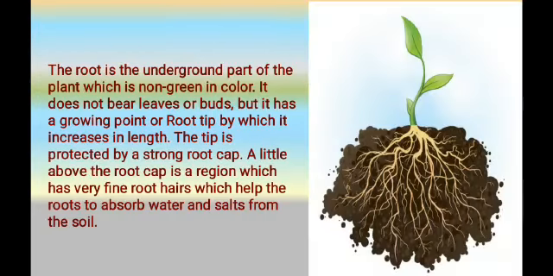Now here we can see the root. As I told you, the root is also included in the vegetative part of the flowering plant, but it is present in the soil. Roots are the underground portion of the plant body. Roots are non-green because here food is stored.